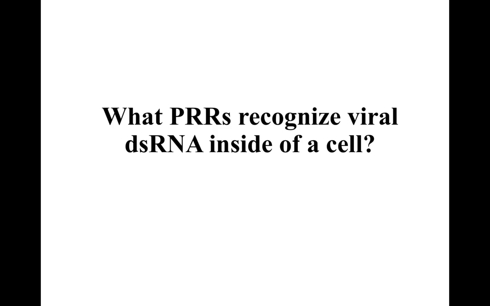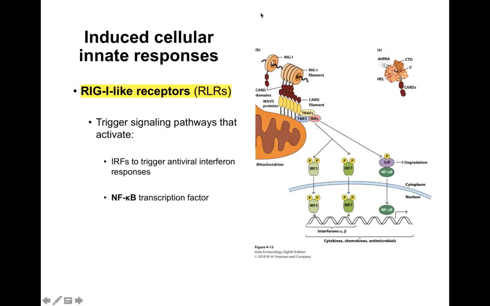What pattern recognition receptors recognize viral double-stranded RNA inside of a cell? And so these are those RIG1-like receptors, which can detect the viral nucleic acids.